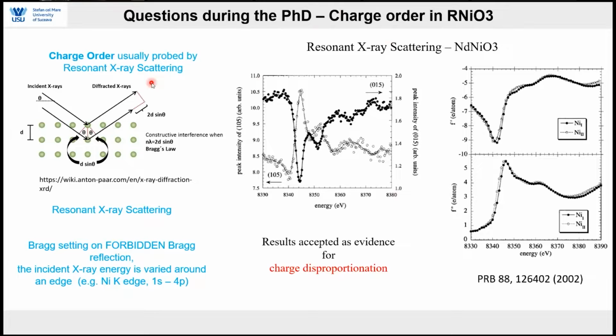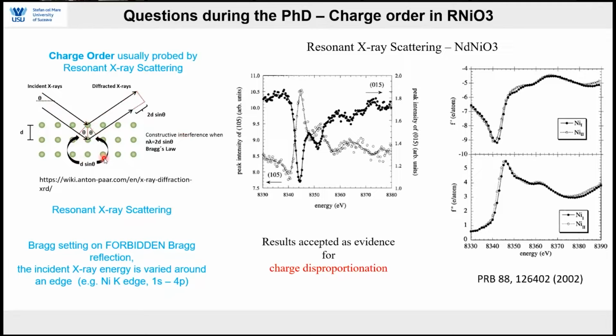So what we do in this, usually when you have scattering or diffraction, you send a beam with a given wavelength into your material and you measure the output. This is called diffraction, and it's governed by Bragg's law. But in some cases, you don't see any reflection, you don't see any intensity for a given setting, for a given wavelength of the incident beam.